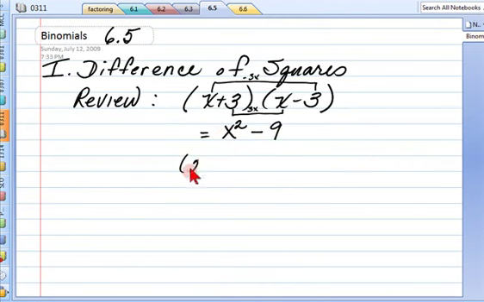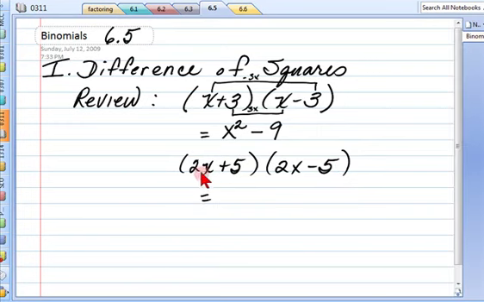What if I had 2x plus 5 times 2x minus 5? What's the product of the first? Won't it be 4x squared? Outer product, inner product, I don't care because they're going to be opposites, whatever they are, so I'm not going to waste any time on them.